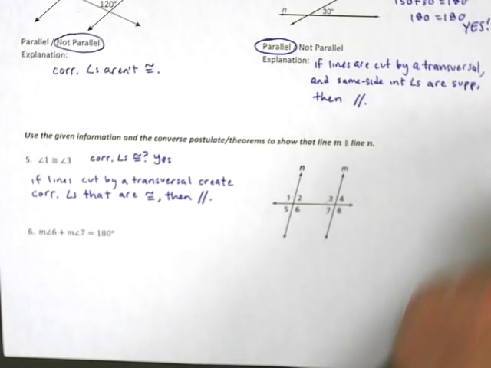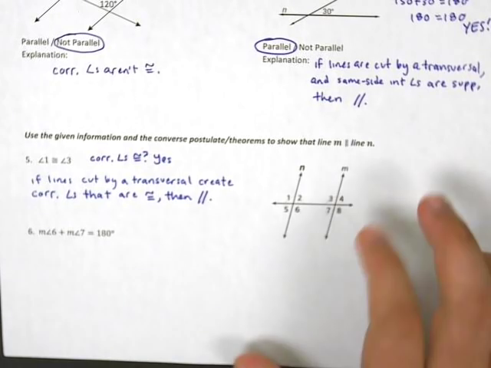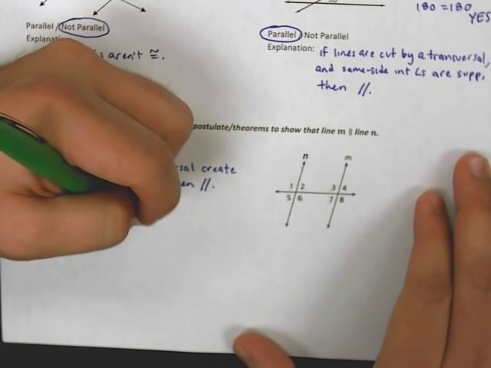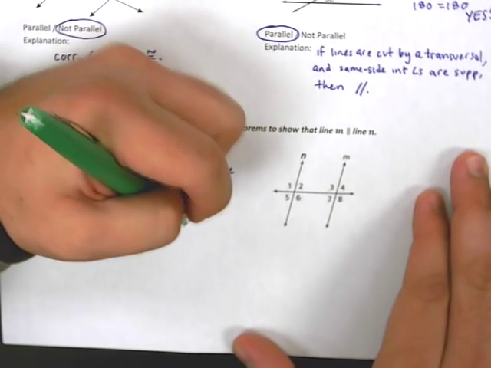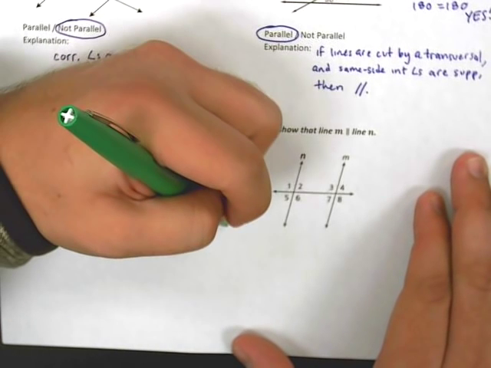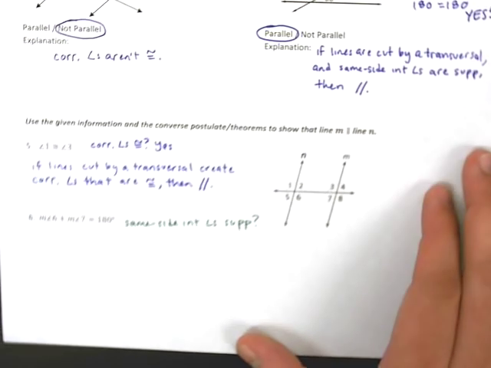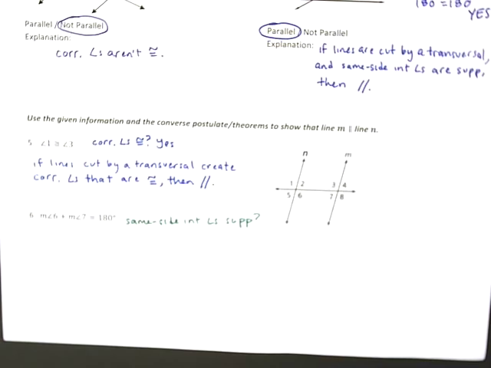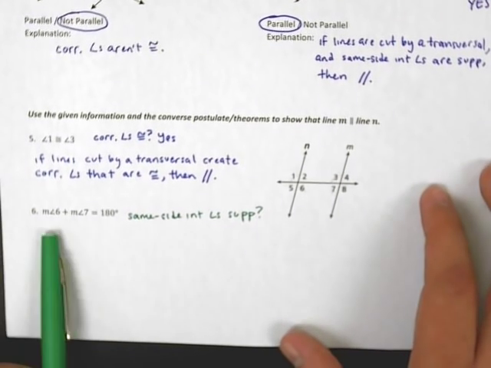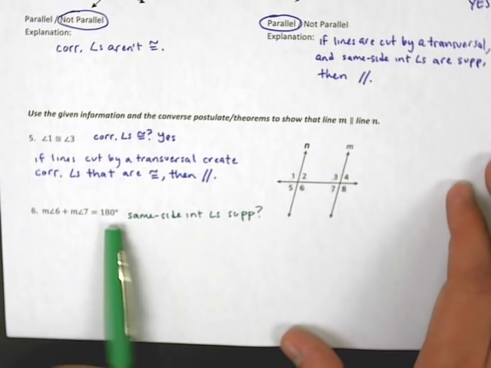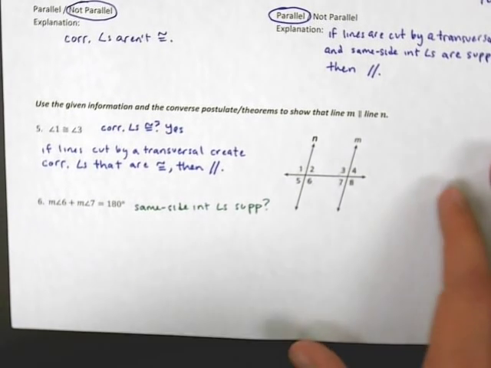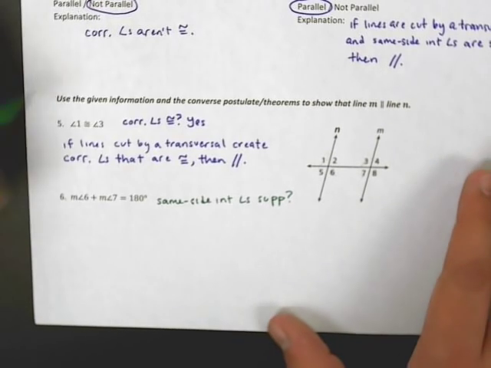Same side interior angles supplementary? Question mark? What do you think? Absolutely, right? They're giving us that 6 and 7 add to 180. So absolutely they're supplementary. So now we just need the explanation.